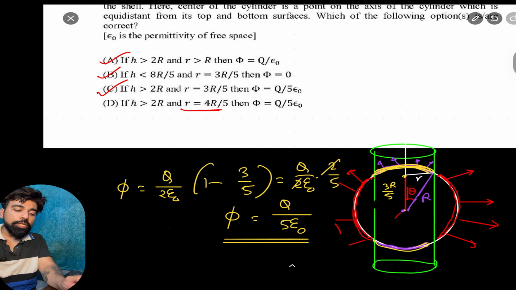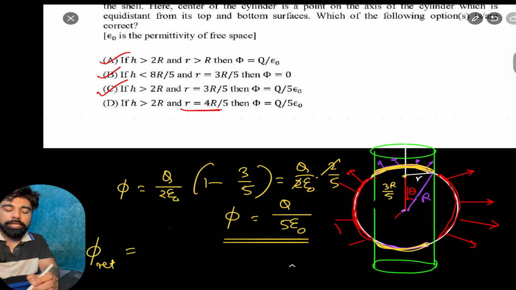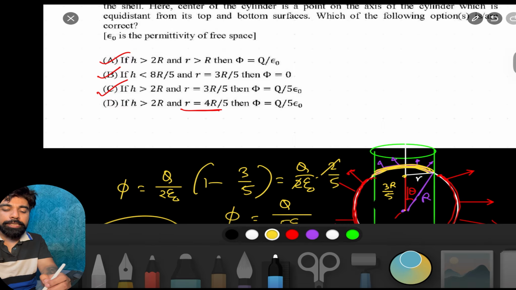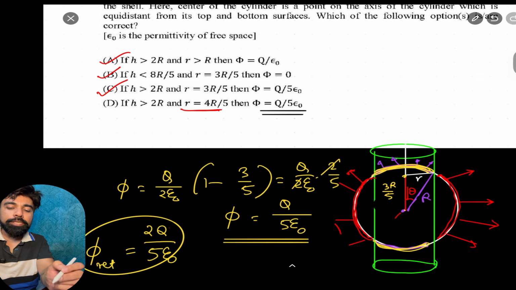What will be the flux through the lower southern part? It is going to be the same. So what is the net flux? The net flux is the summation of these two fluxes, because flux is a scalar quantity. So the total flux will become 2q by 5 epsilon naught. But the option is saying it is only q by 5 epsilon naught. So this means option D is incorrect.